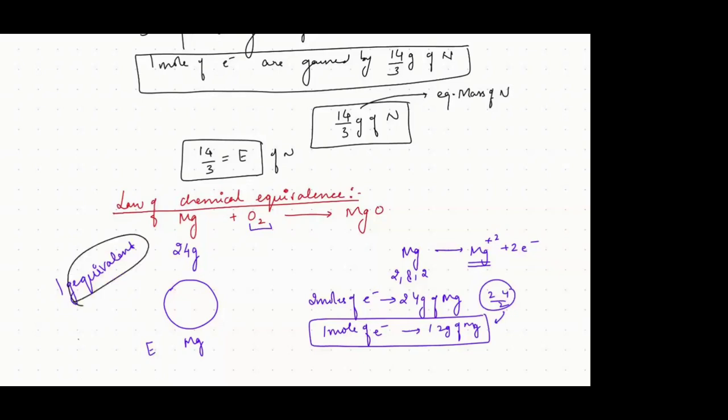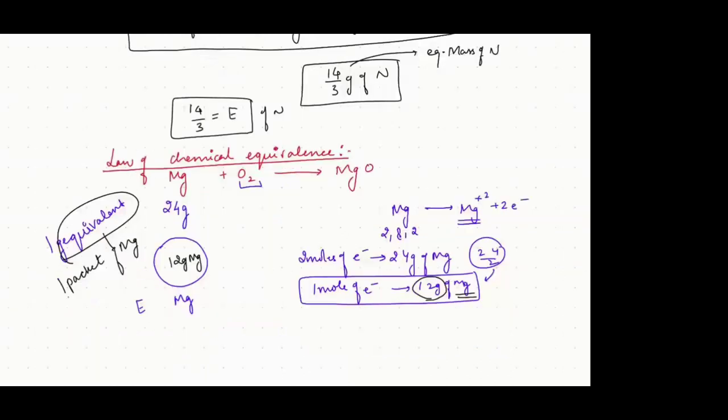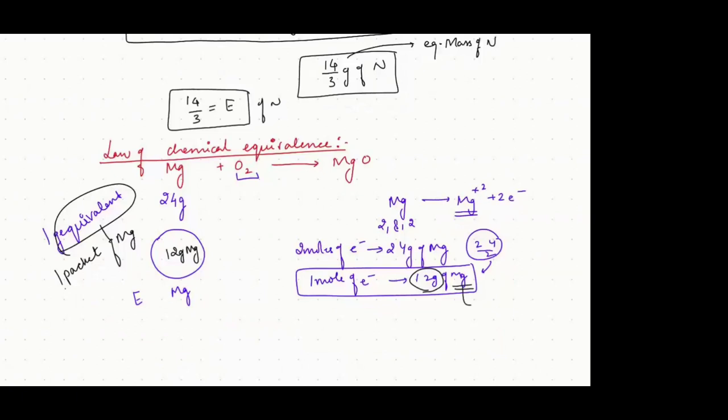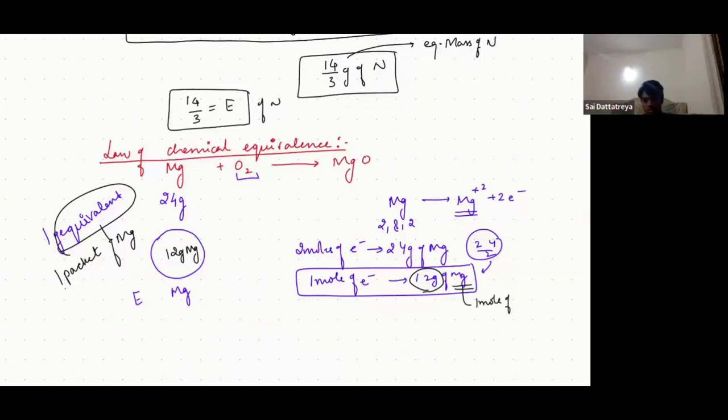It is that one packet of an element which can release 1 mole of electrons. So in this 1 gram equivalent packet of magnesium, I am going to fill in 12 grams of magnesium. Why? Because I know that 12 grams of magnesium is going to release 1 mole of electrons. Any doubts on this?